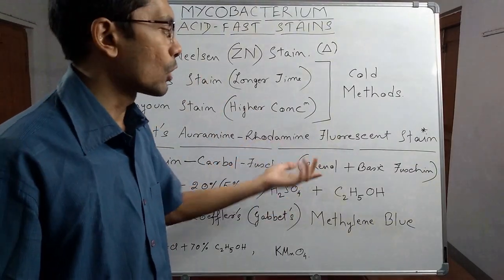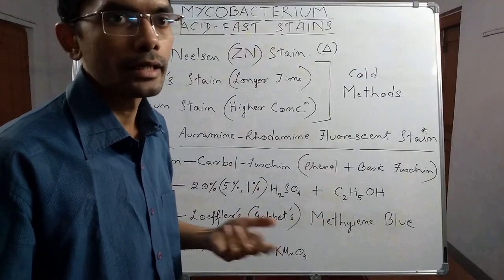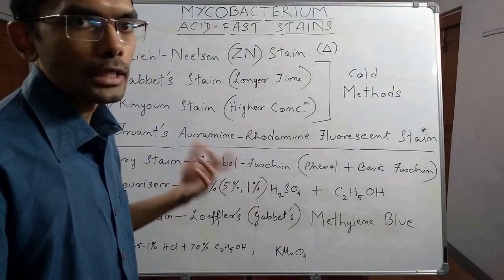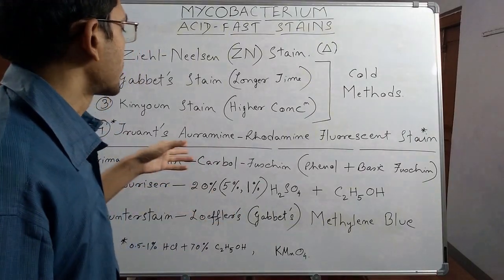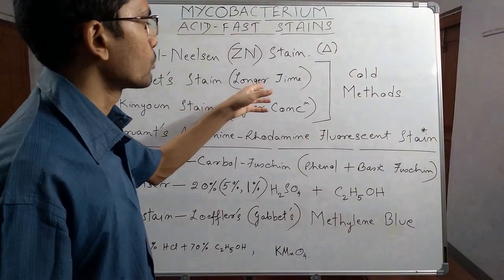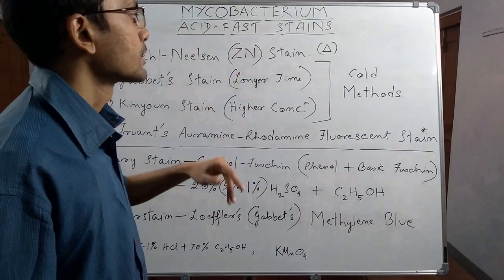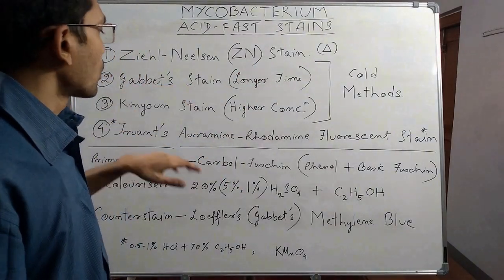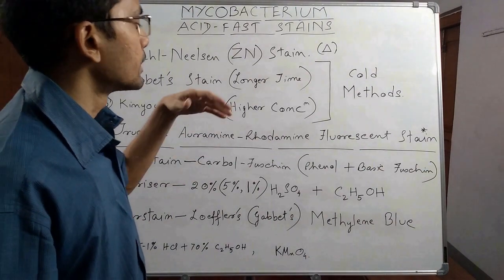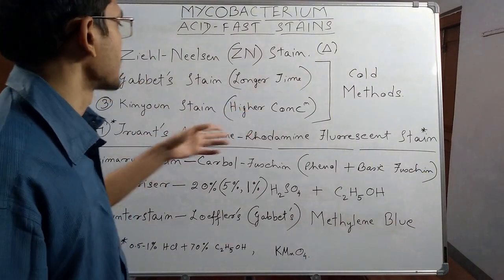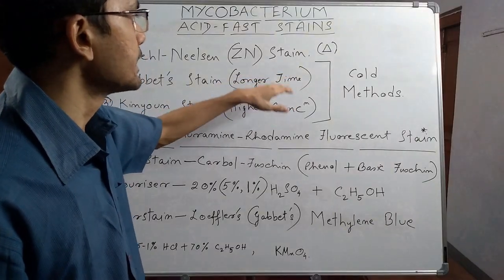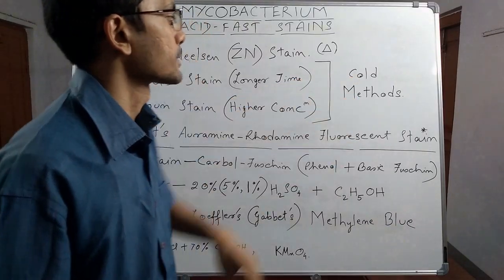These are the fumes of phenol, which is toxic and unhealthy. So to eliminate the need for heating, alternatives were developed, like the primary stain would be applied for a longer duration, like 10 minutes, as in Gabbett stain, or the primary stain used would be of a higher concentration, as in Kinyoun stain. And since there is no need of heating in these two methods, they are called cold methods.